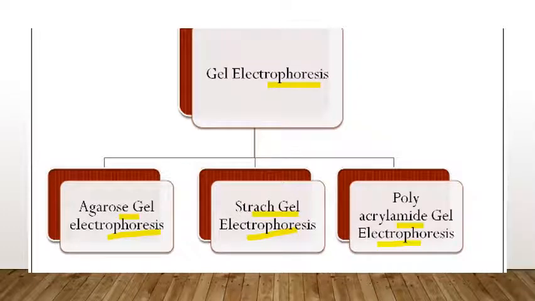We can have the natural polymer also, that is starch, which can be used in the form of gel, and the agarose, which is used to separate out the DNA molecules, and the polyacrylamide gel, that is PAGE.